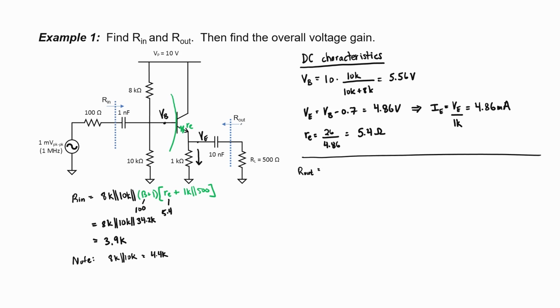Now looking back from the output side, we have two branches. We have a 1 kilo ohm branch in parallel with another branch going up through the transistor. Going up through the transistor, we have the emitter resistance R sub E, and then everything on the base side will have to use impedance reflection in order to bring it over to the emitter.